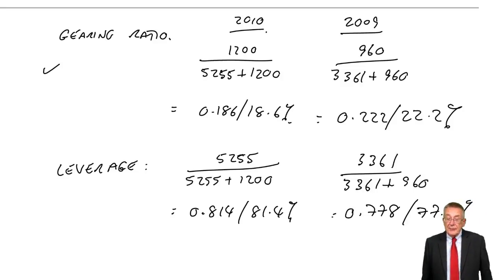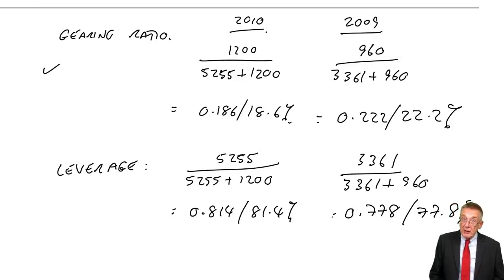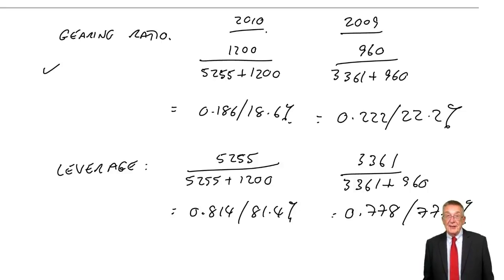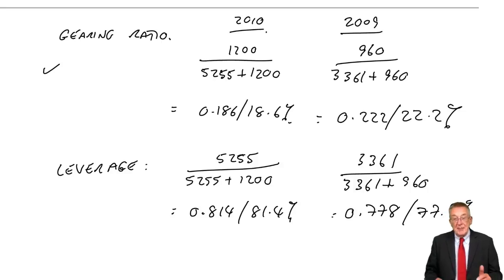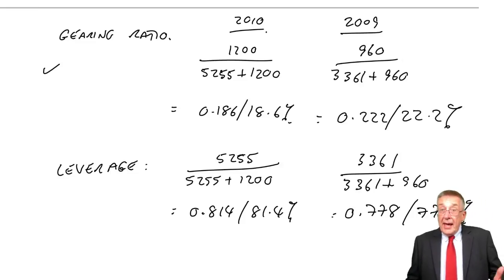So I think I've said enough. As far as gearing's concerned, the higher it is, the more risky things are. As far as leverage is concerned, the lower it is, the more risky things are. The lower that is means the higher the debt. Okay, jolly good.